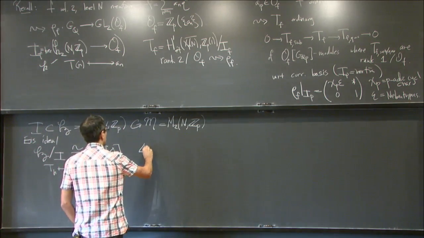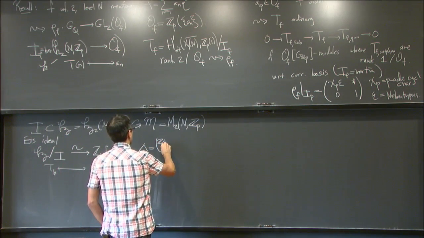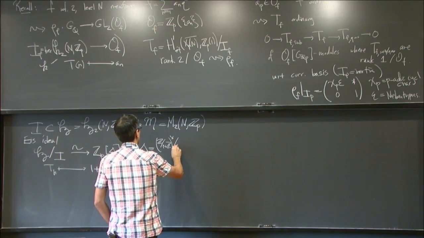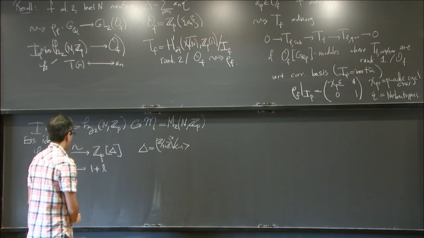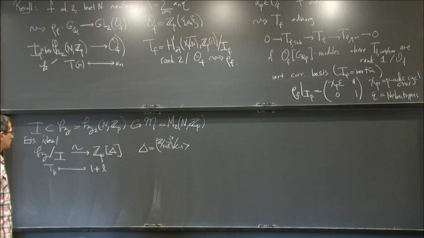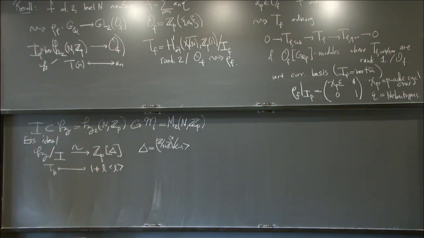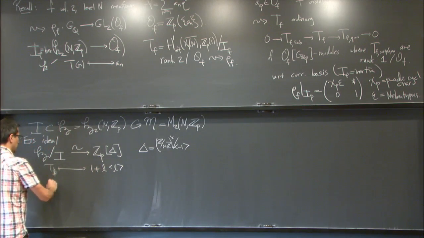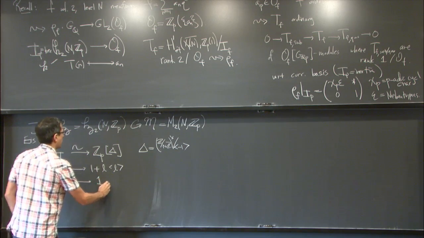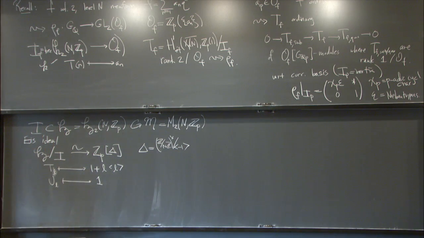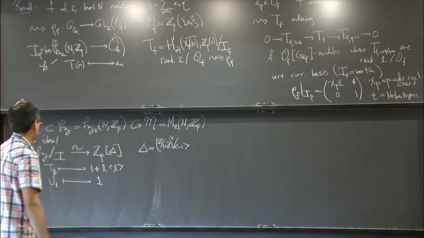So Delta here is (Z/NZ)^×, and I'm going to do something strange with group elements. Let me just think of the group elements as diamond operators for a moment. I'll introduce that later. And then T_l and U_l go to 1.